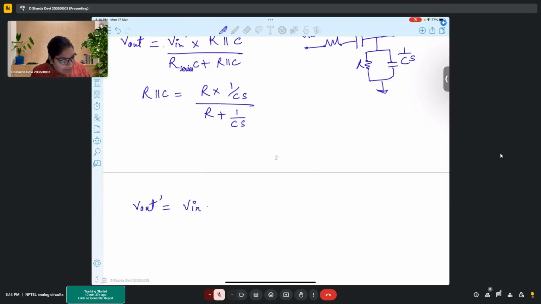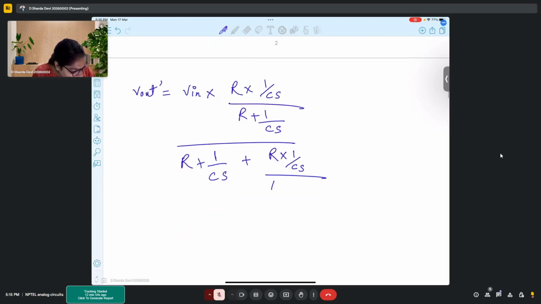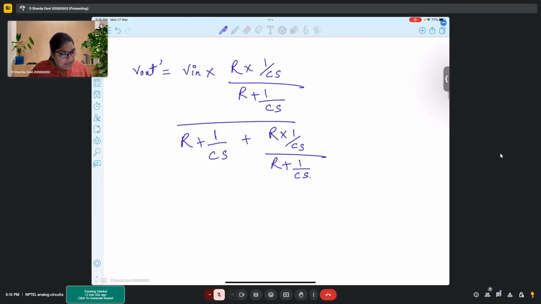After writing it in Laplace transform, all of them would be in this similar structure. R plus 1 by CS by R plus 1 by CS plus R into 1 by CS upon R plus 1 by CS. So let's quickly simplify.